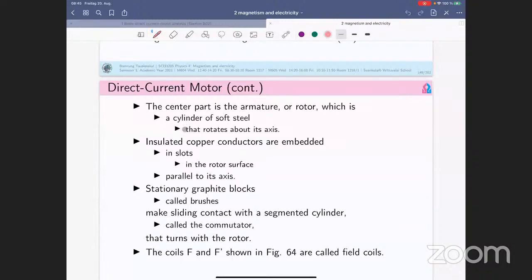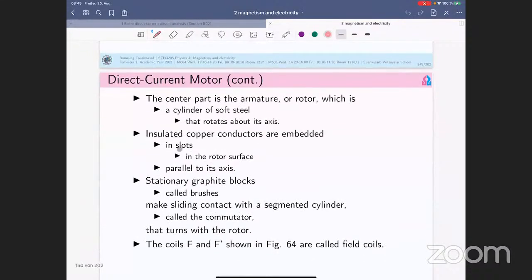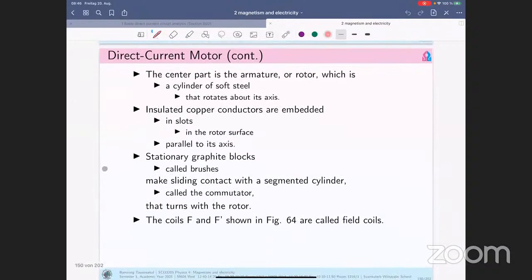The motor is the device that converts electricity, or electrical power, to mechanical power in terms of torque, right? You got to know already the concept of the torque, which is the force onto a conductor loop, right?